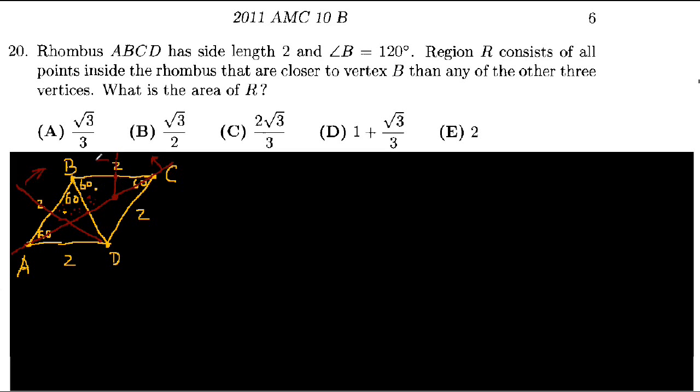Anything in this direction will be closer to B. You're going to see nicely that in this enclosed shape, anything here would be closer to B than to any of the vertices A, D, or C. So basically we're talking about the area of here.